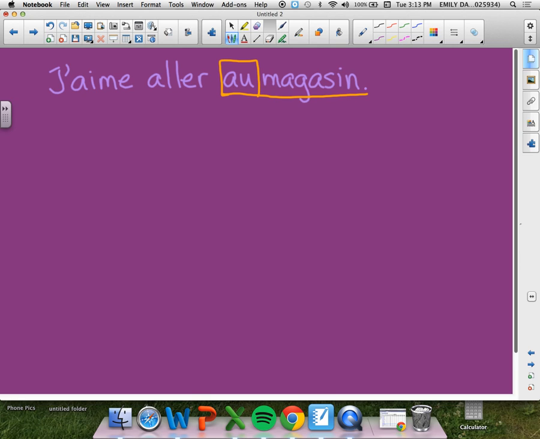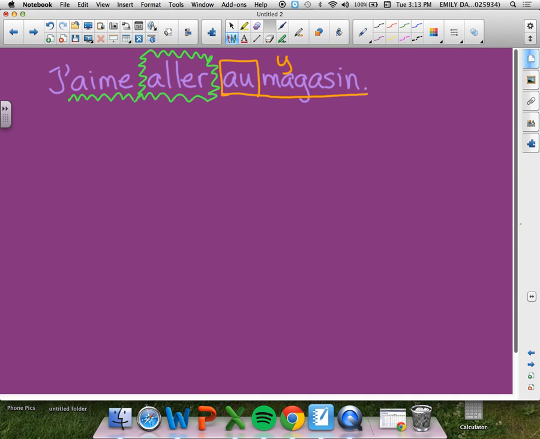But then I look at the word after and I see magasin is not a person. So I know that that's going to give me my pronoun y. So then I ask myself, okay, that's the pronoun I need to use. It replaces this place. Now I need to identify my verb. I see I have a verb right here, j'aime, but then aller means to go, so that's a verb also, but it's in the infinitive form.